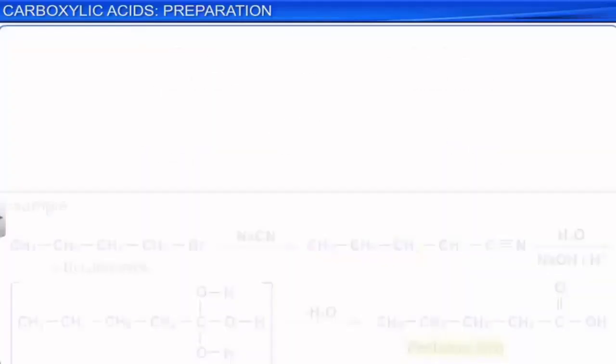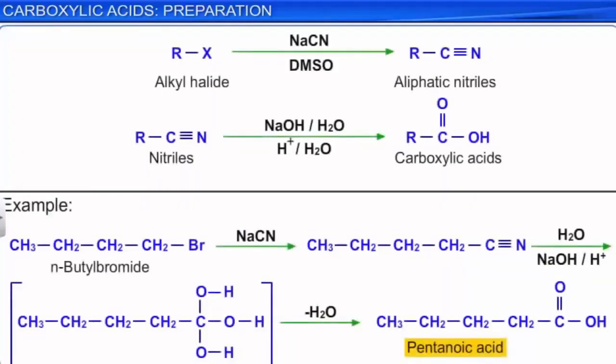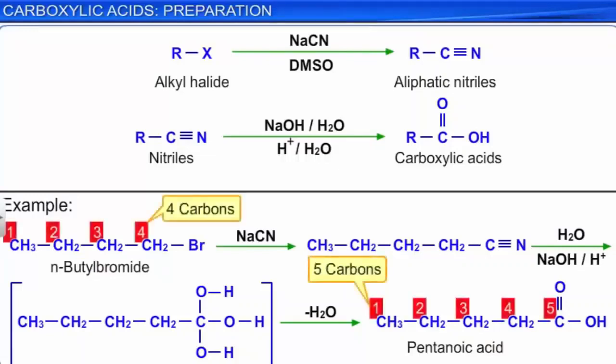The synthesis of pentanoic acid from n-butyl bromide shown here illustrates the complete method. Note that the acids produced from the alkyl halide also contain one carbon atom more than the original alkyl halide.